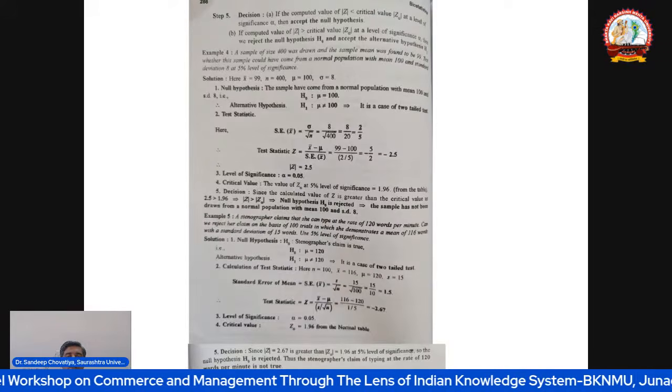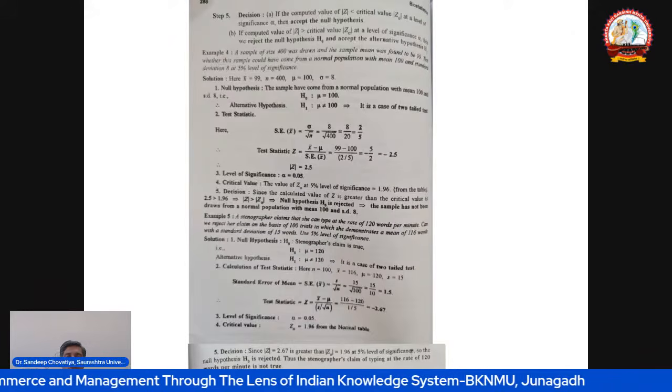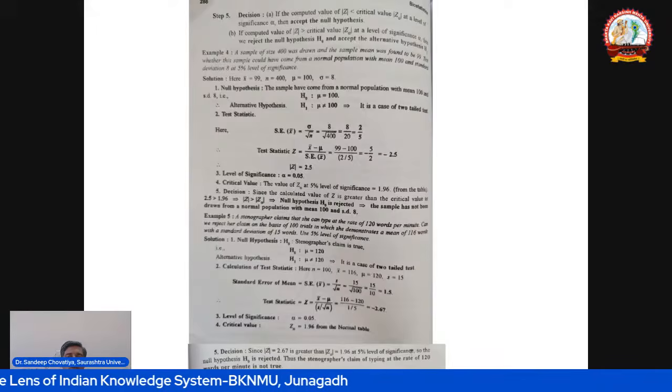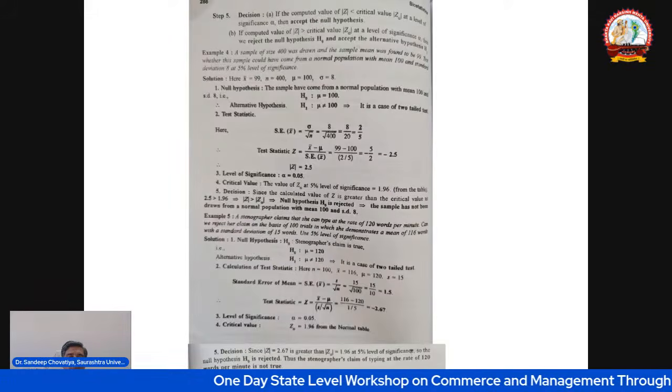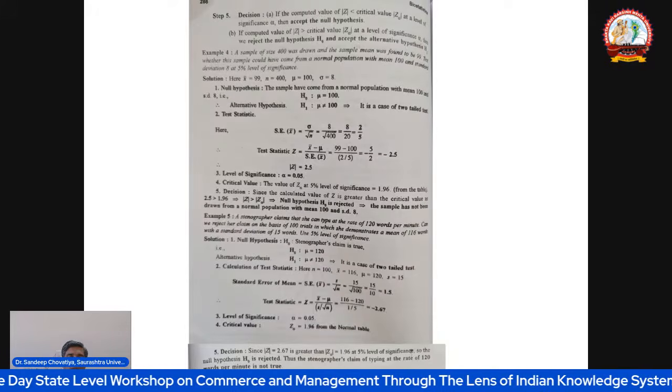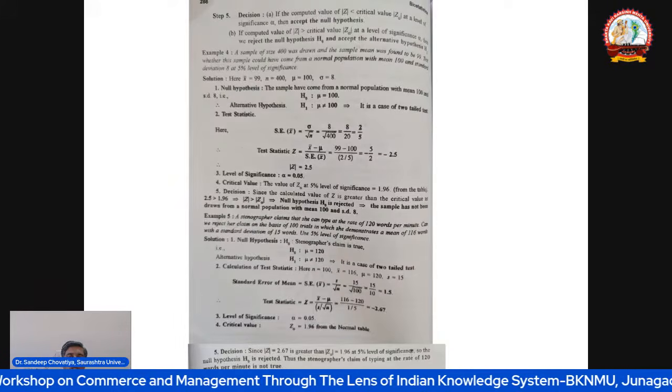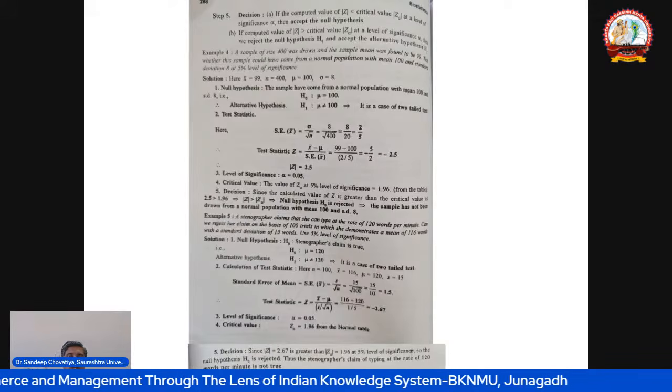So students, here the sample mean given to you is 99, the sample size is 400, the population mean is already given to you as 100, and the population standard deviation given to you is 8.